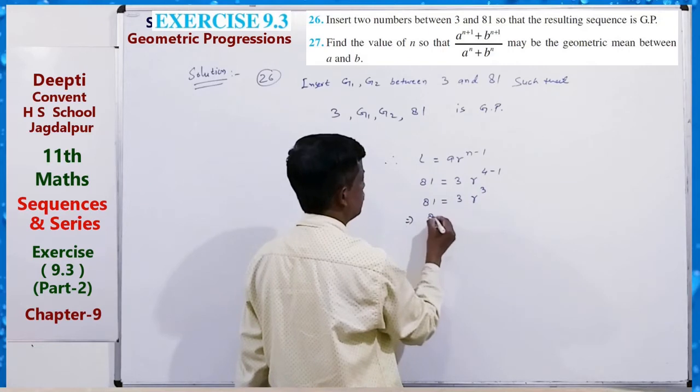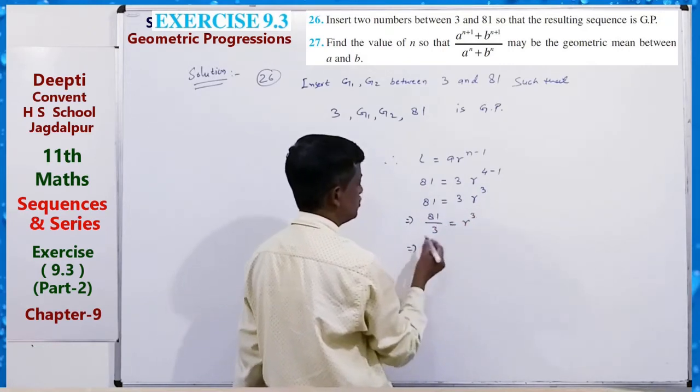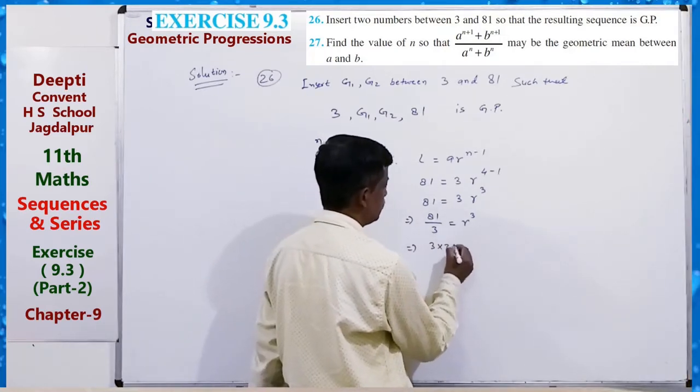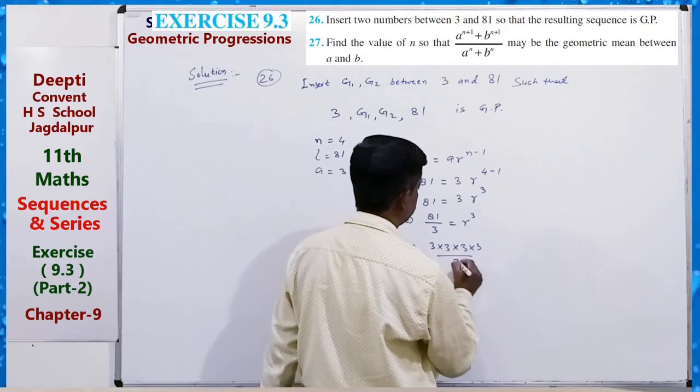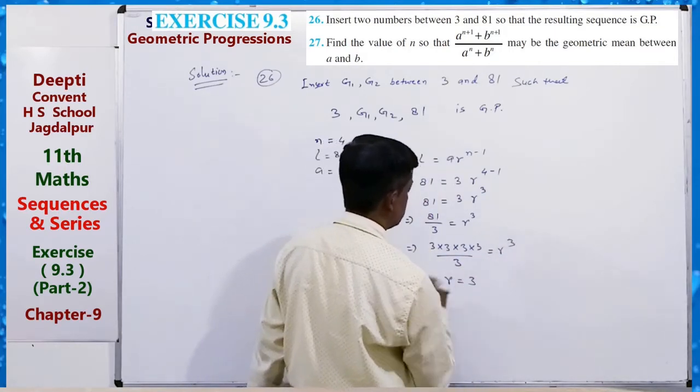So 81 upon 3 equals r cube. 3 into 3 into 3 into 3 upon 3 equals r cube. So we see that r cube equals 27, so r equals 3.